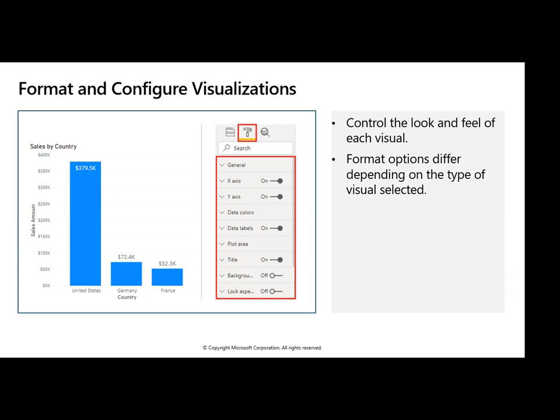You can add an x-axis, y-axis, labels, then title, background, and lock aspect. So these are the things that you control to control the look and feel of each visual.